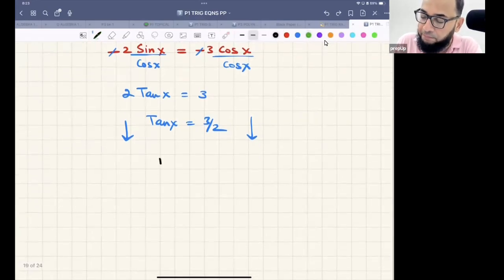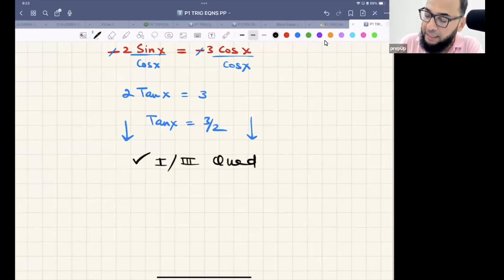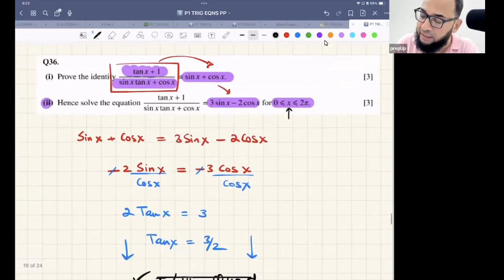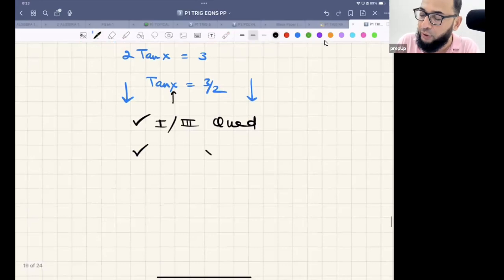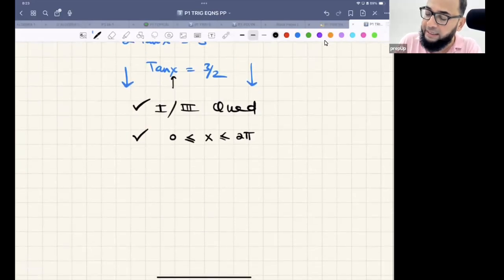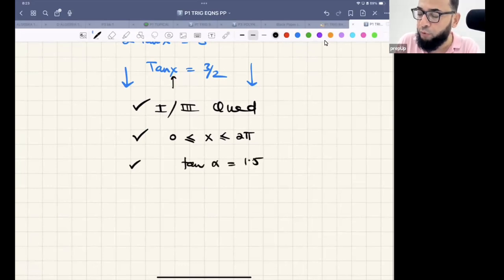Now the first step is the quadrant, that is first and third quadrant. The next step is modification of range. There is none, because it's x written over here and x written over here. So x lies between 0 and 2 pi, and yes, it's inclusive. Next, let alpha be the basic angle. Tangent of alpha is 1.5, therefore alpha comes out to be 0.9828, correct to 4 significant figures.